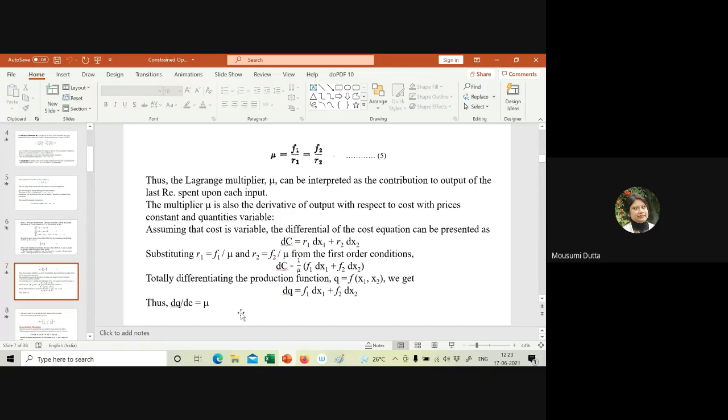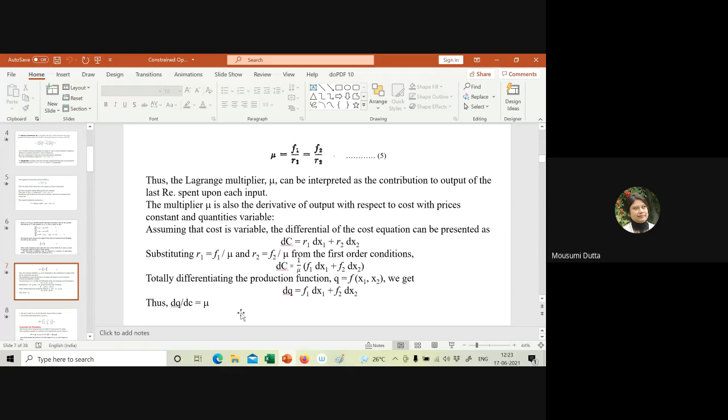in terms of contribution to output, or it can be considered as the change in output, the value added to the total output due to change in cost. So it is the interpretation in terms of output.